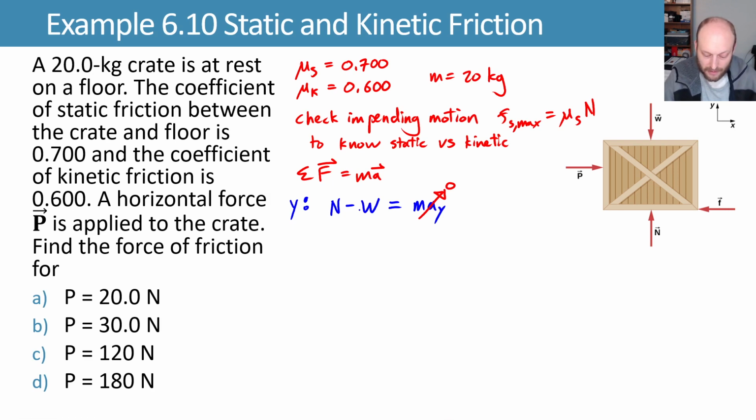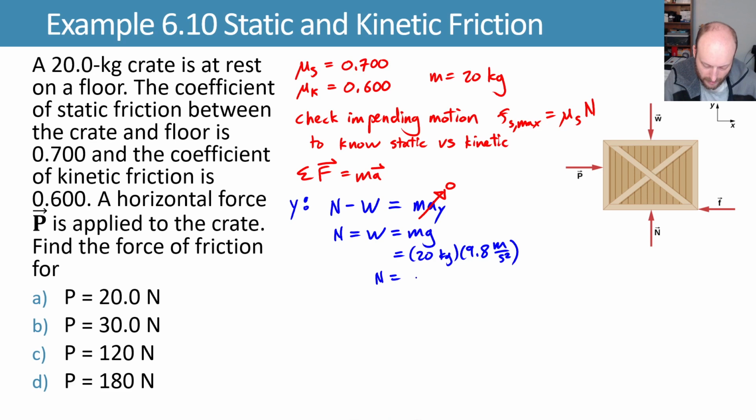We can rearrange this to show that the normal force must equal the weight, and the weight is equal to mg. So the normal force is 20 kilograms times 9.8 meters per second squared, which leaves us with a normal force of 196 newtons.